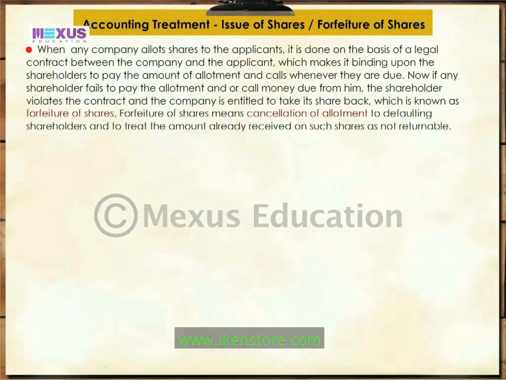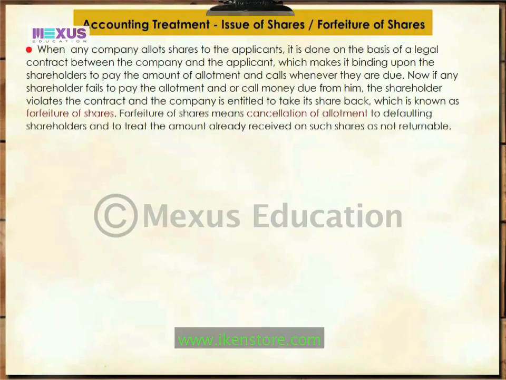When any company allots shares to the applicants, it is done on the basis of a legal contract between the company and the applicant, which makes it binding upon the shareholders to pay the amount of allotment and calls whenever they are due.